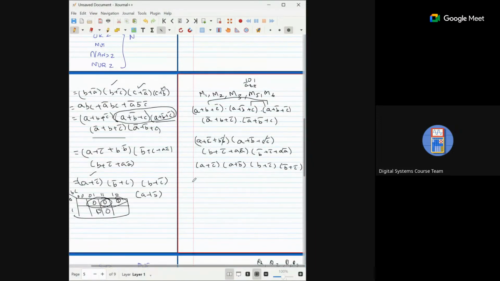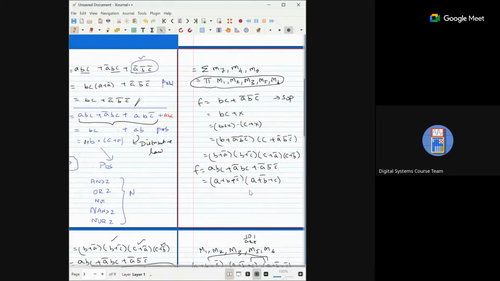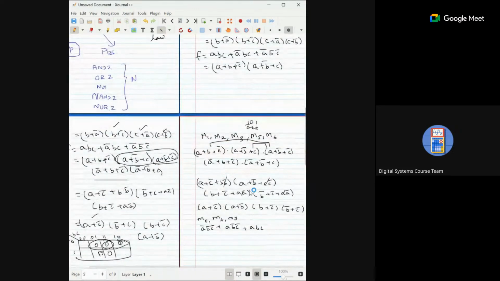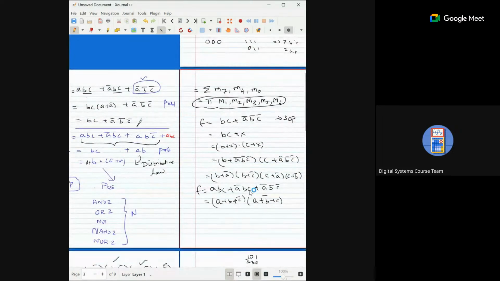Let's write down M0, M4, and M7 by the shortcut method. Let me write it out. It is A bar B bar C bar plus A B bar C bar plus ABC. This is the expression we took initially, right? Yeah, 3 is the term.